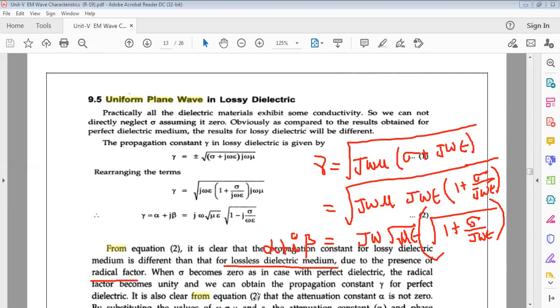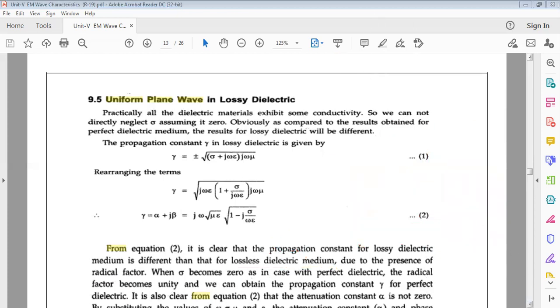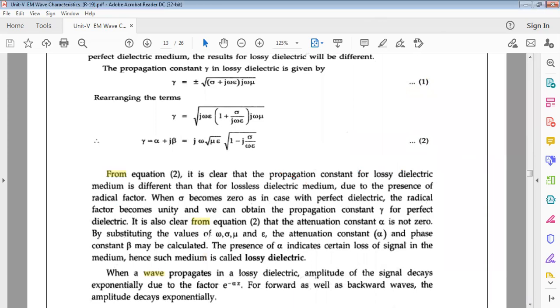It is also clear from equation 2 here that the attenuation constant alpha is not zero. Substituting the values of omega, sigma, mu, and epsilon, the attenuation constant alpha and the phase constant beta may be calculated. The presence of alpha indicates a certain loss of signal.